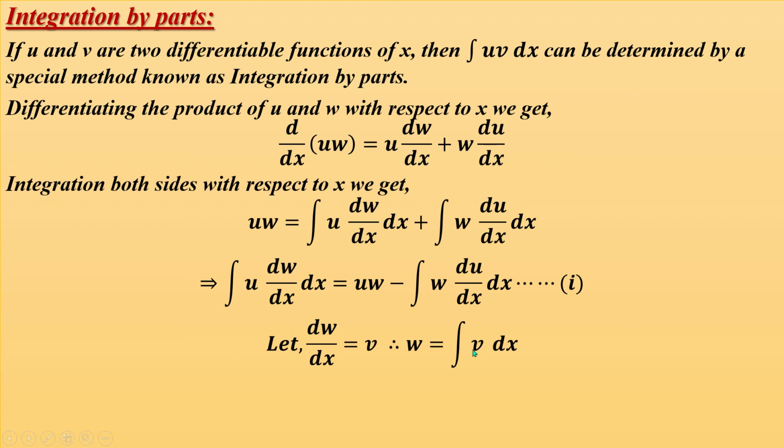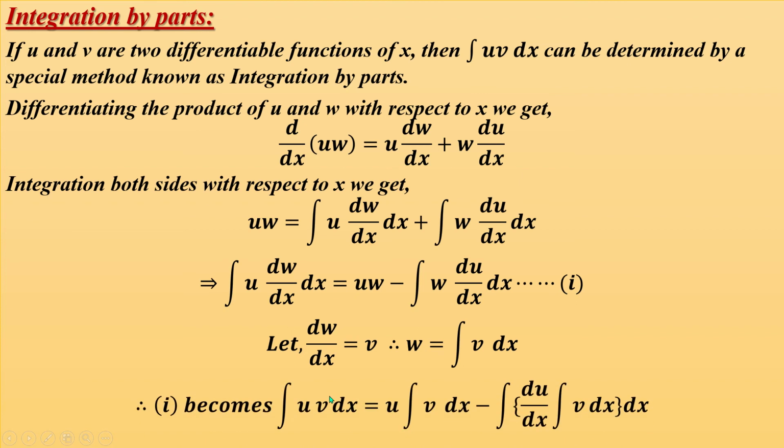Now putting w equal to the integration of v with respect to x, the integration of uv with respect to x is equal to u times the integration of v with respect to x, minus the integration of the derivative of u with respect to x times the integration of v with respect to x, dx.